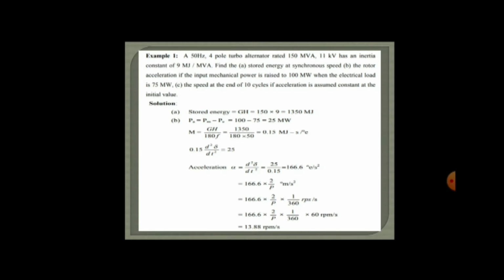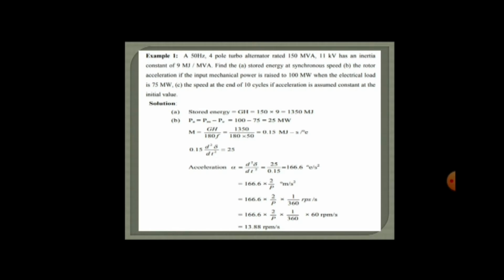Next B bit, the rotor acceleration if the input mechanical power is raised to 100 megawatts when the electrical load is 75 megawatts. C bit, the speed at the end of 10 cycles if acceleration is assumed constant at the initial value.